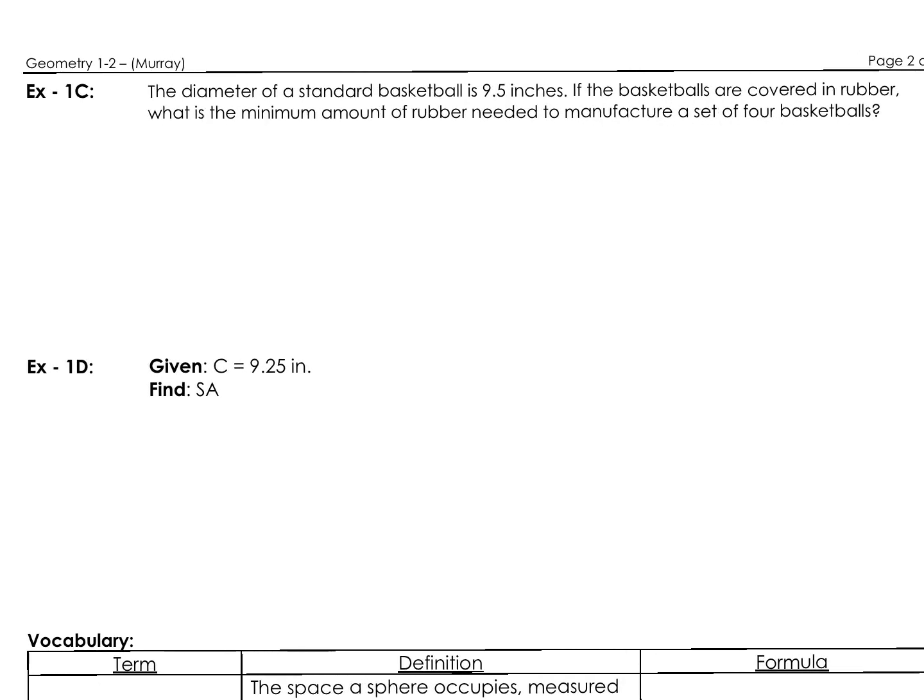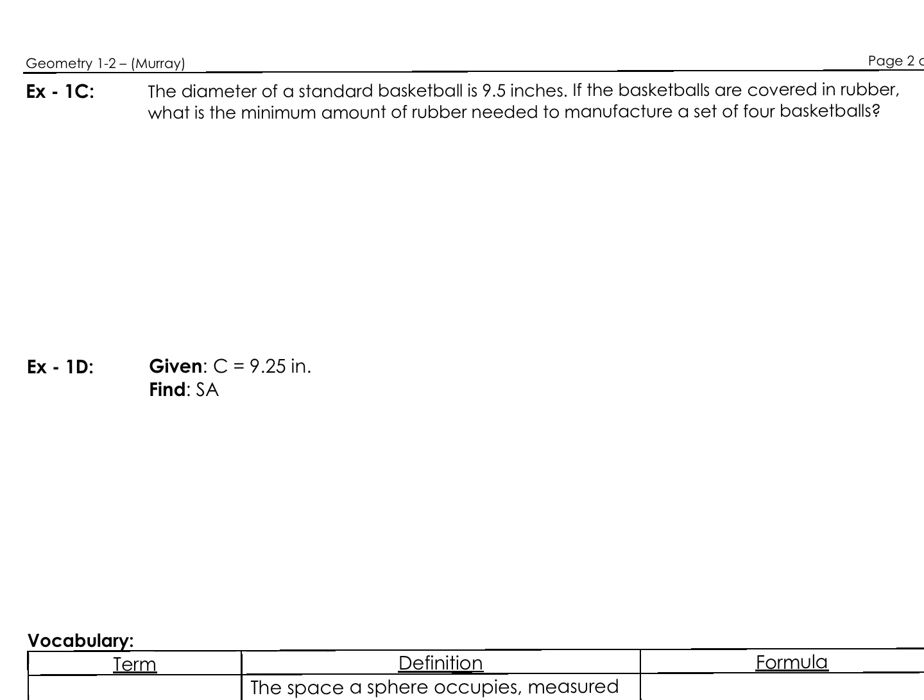In this particular question, I would like you to read it and determine what it's asking. The diameter of a standard basketball is 9.5 inches. If the basketballs are covered in rubber, which they are, what is the minimum amount of rubber needed to manufacture a set of 4 basketballs? Are they asking you for surface area, or are they asking you for volume?